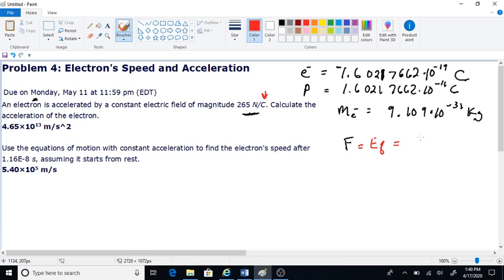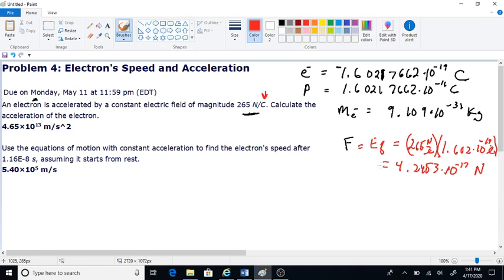So it is simply 265 newtons per coulomb multiplied by our charge, which is 1.602 times 10 to the minus 19th coulombs. The coulombs cancel out, we're left with newtons. Beautiful. So what's our force? Our force is, for me, 4.2453 times 10 to the negative 17th newtons.